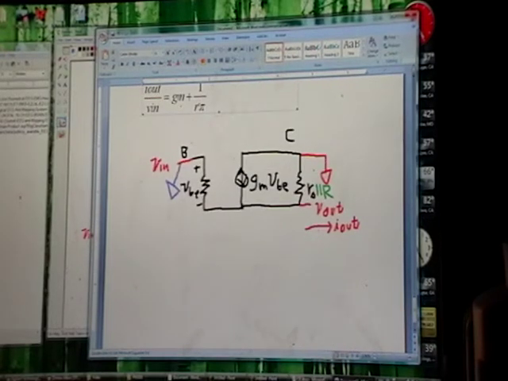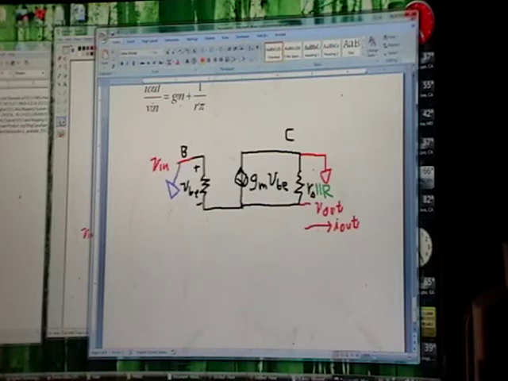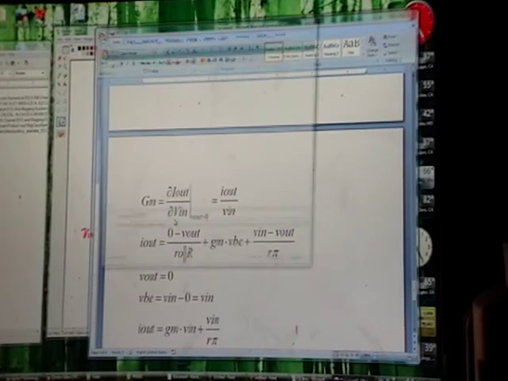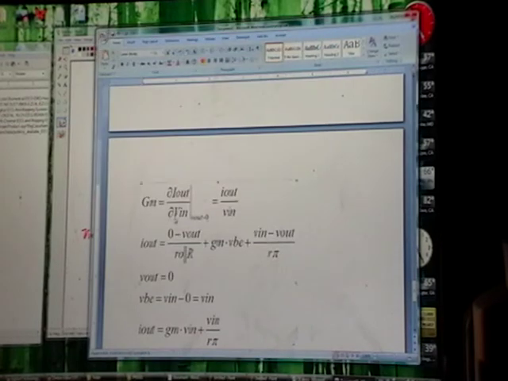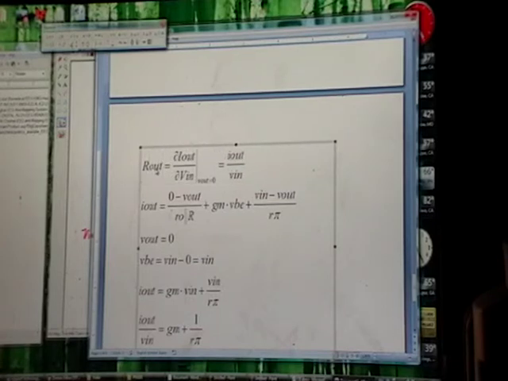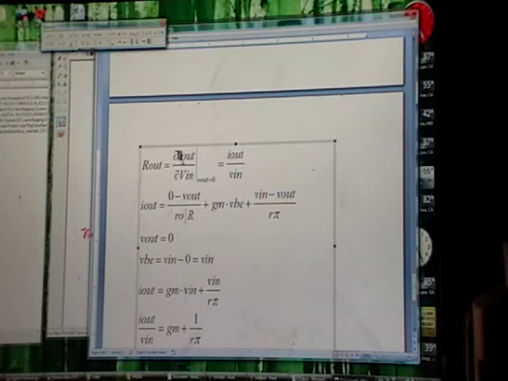Now what we want to find is R out, and R out equals V out over I out with V in equal to 0.